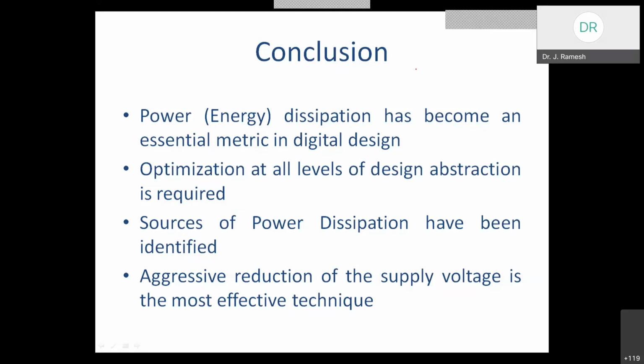We have to calculate the power delay product and the energy delay product, and fix an optimum value, because if we keep reducing the power or energy, it will definitely reduce the speed. The delay will increase if I reduce that, so we have to keep a balance.